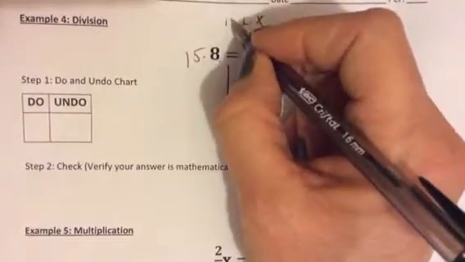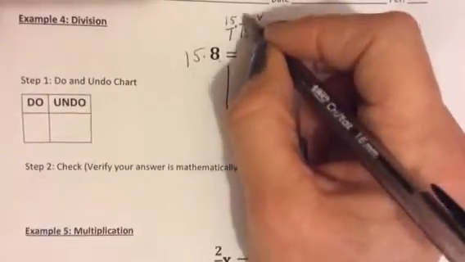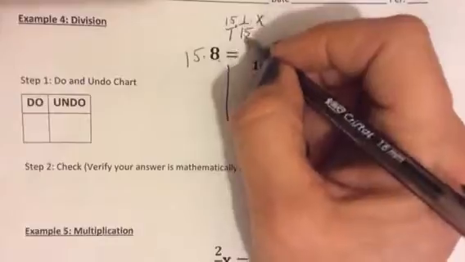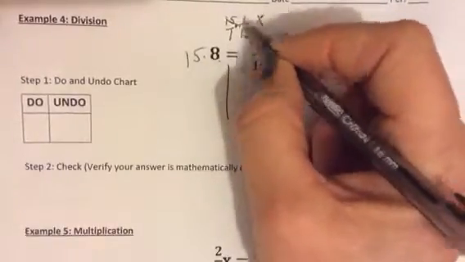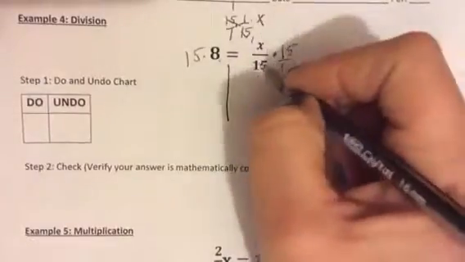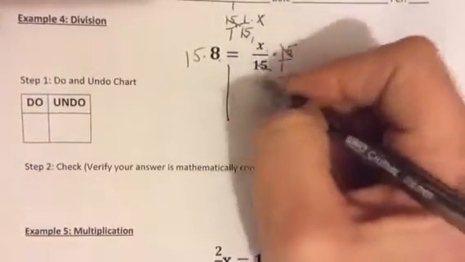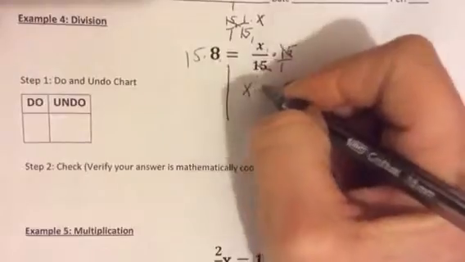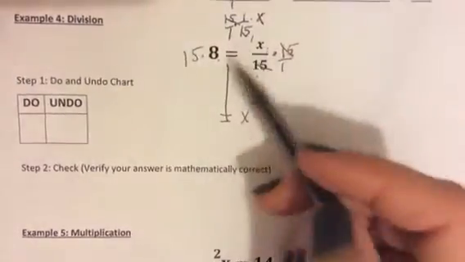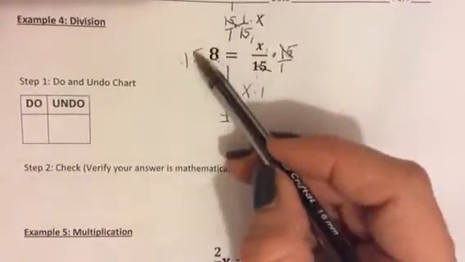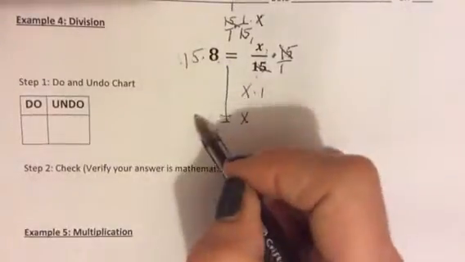Because if I take 15 over 1, the reciprocal of 1 over 15, which is really this dividing by 15, those 15s will divide out and I'll get 1x. So divide out your 15s and you get x times 1, or x alone. On the other side, 8 times 15 would be 80 plus 40, which would be 120.